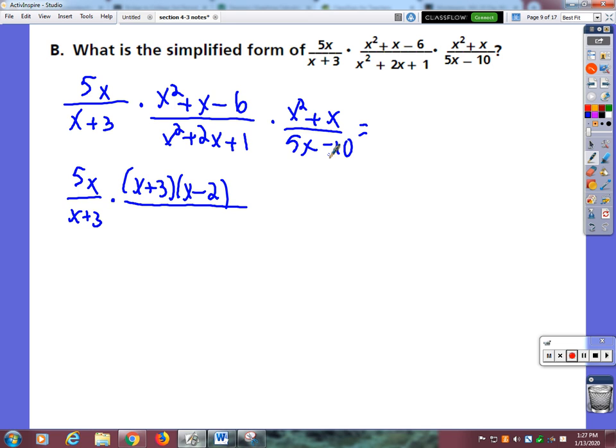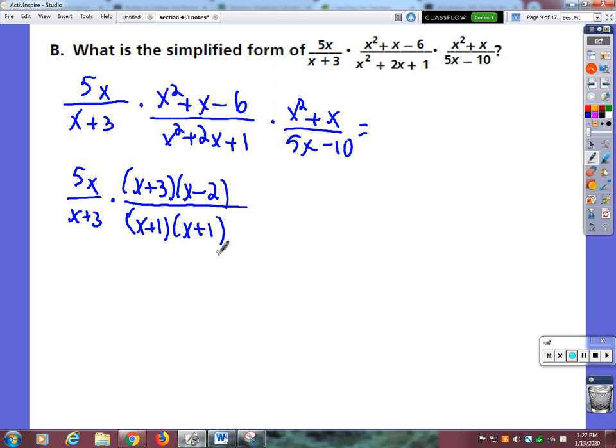What else can we factor? Isa said x plus 1 and x plus 1 on the bottom, because 1 times 1 is 1 and 1 plus 1 is 2.